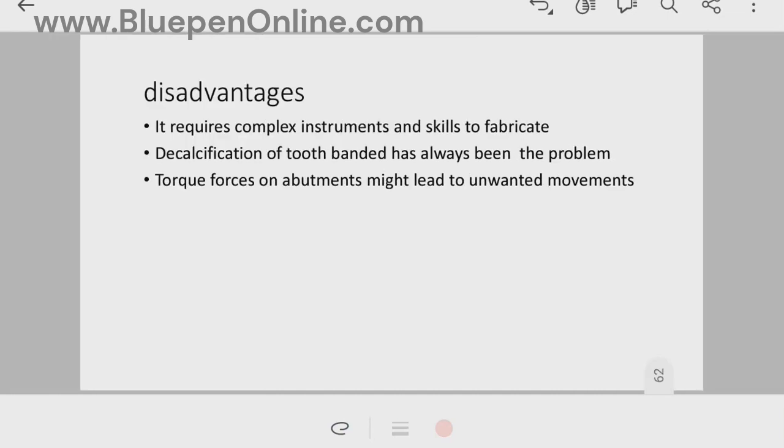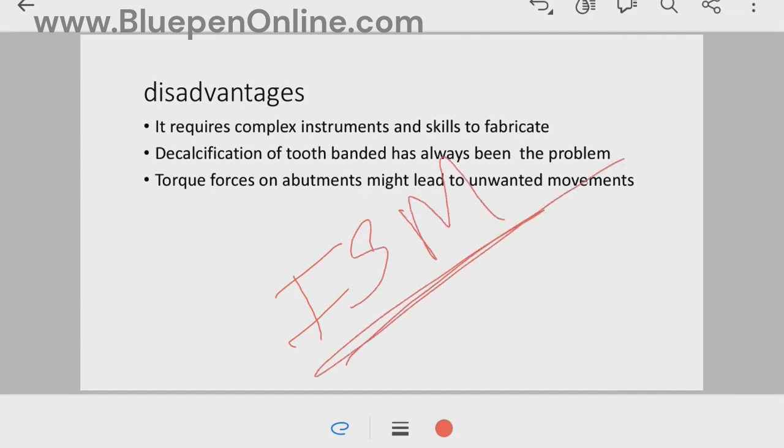Now disadvantages: it requires complex instruments and skills to fabricate. Also, the banded tooth has a high chance of decalcification. And because of the torque forces on the abutment, there can be unwanted movements. So these are some disadvantages of fixed space maintainers. These come under preventive orthodontics.